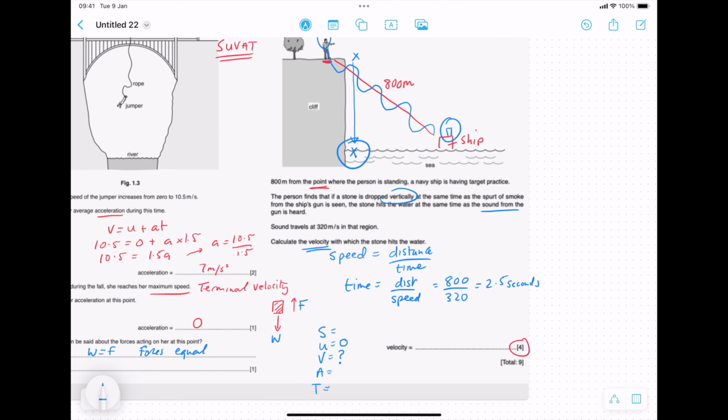The acceleration that the stone experiences is the force of gravity. For objects that are dropped vertically, gravity is always 9.8 meters per second squared. That's the acceleration due to gravity, also 9.8 newtons per kilogram.